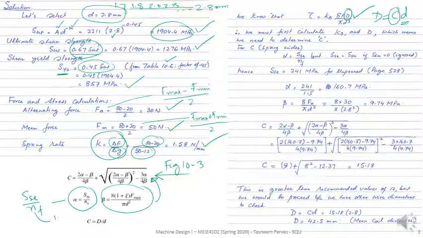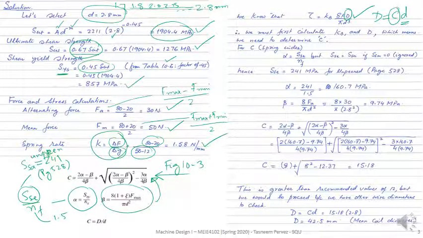This is given as 1.5. And this is not given, but what I will start with is to use the SSA, because SSM is 0, which is given on page 528, the value is 241. This is on page 528 for unpeened material.